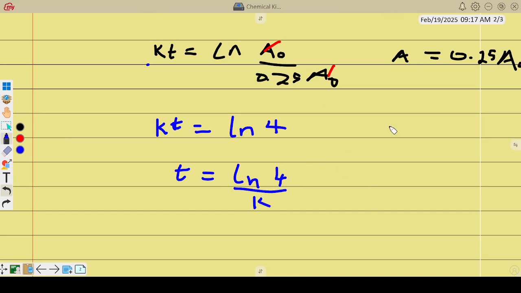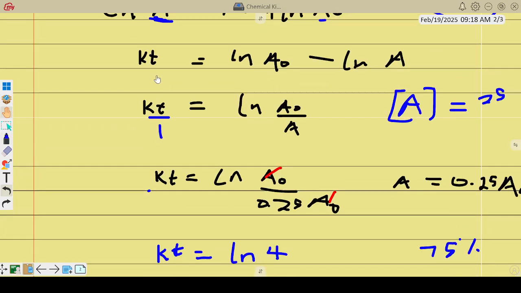So the time needed to finish up to 75%, because 75% of the reactants are done, only 25% will remain. So the time will be ln 4 over the rate constant.